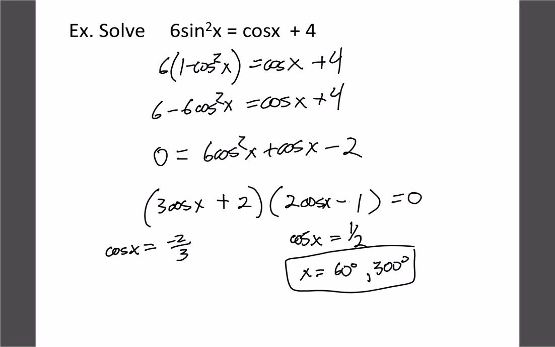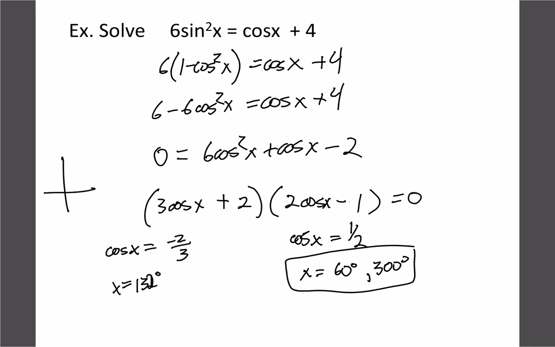It's not a perfect root. So on your calculator, just go second cos of negative 2/3. And that gives you an answer of 131 degrees, or 132 if we round it off.